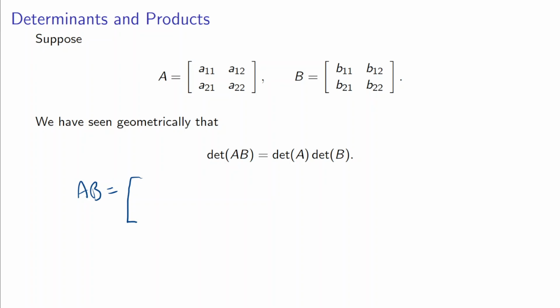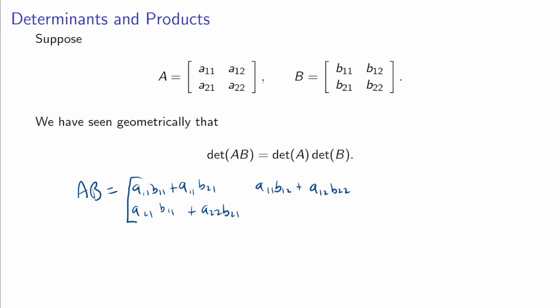So A times B is going to be A11 B11 plus A12 B21, and then A11 B12 plus A12 B22, and then A21 B11 plus A22 B21.